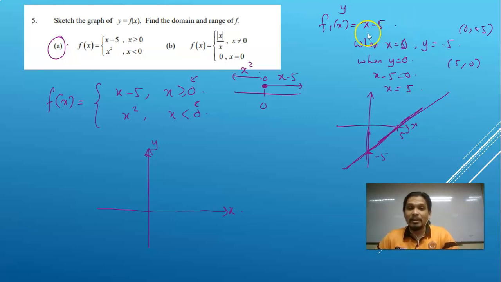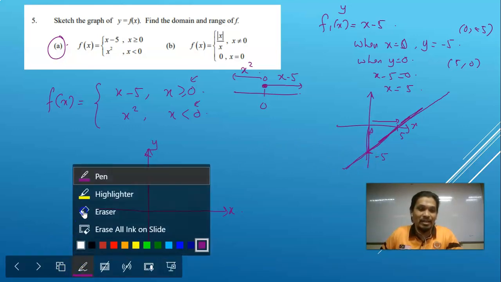Okay, now let's get back to the question. The original question here is for x greater than or equal to 0. This is where x equal to 0 and x greater than or equal to 0, where the value of x is from 0 to positive infinity. Meaning, the part of the graph of this function for x less than 0 here, we are going to delete it.